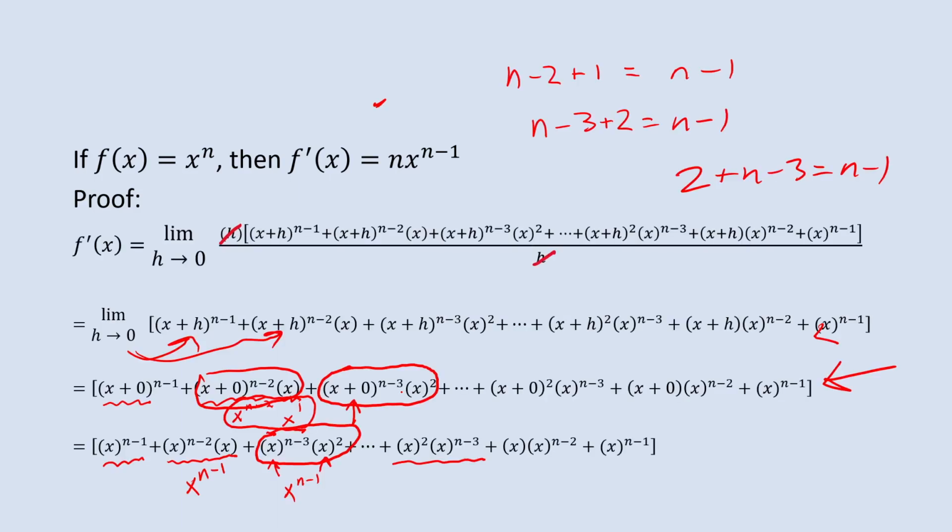And what you see there is that after subbing in an h value of 0, all of the terms in that second bracket, the really long one in the difference of nth powers factoring, all end up just being x to the n minus 1. So we're just adding a bunch of equal terms after subbing in that h value of 0. Well, it'd be nice to know how many of those terms there are.